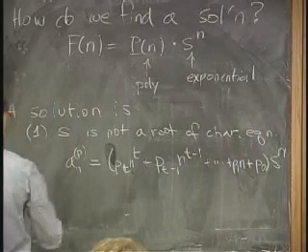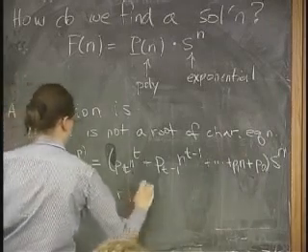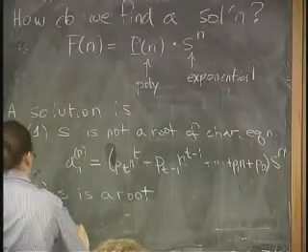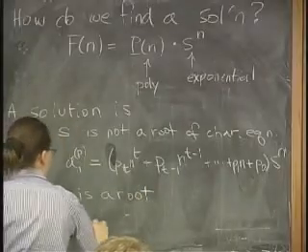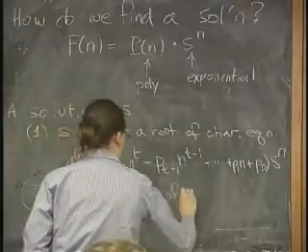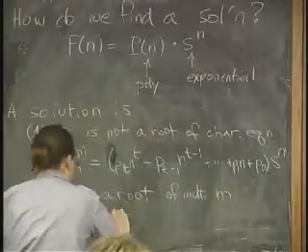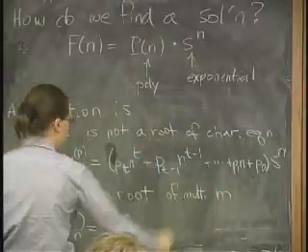And if it is a root, then what we do is take the same thing, but we multiply on the front by n to the m, where m is the multiplicity.